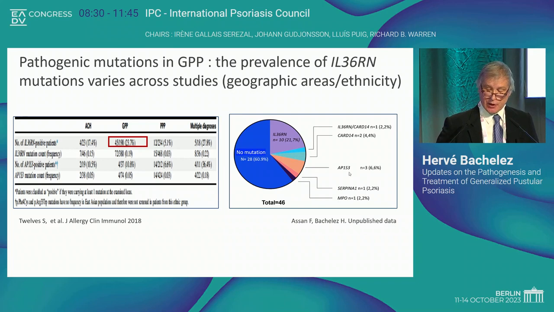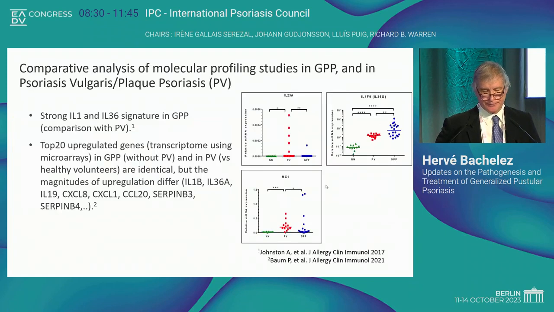And you can see that the other players are underrepresented. AP1S3, 6.6%, and CARD14 is 4.4%. Myeloperoxidase, 2.2%. SERPINA1, the causality is not very well established, unlike SERPINA3.